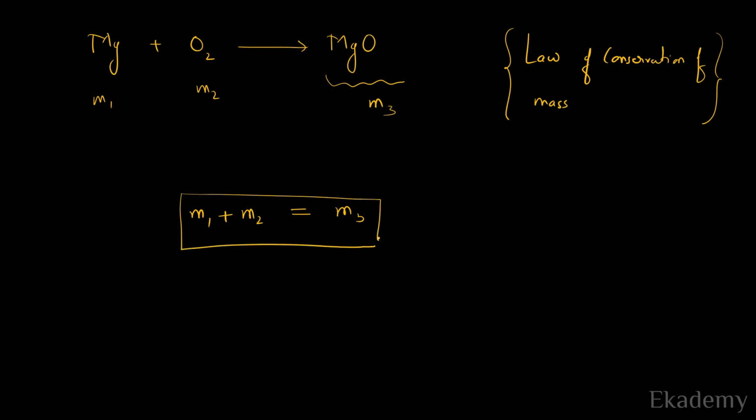For masses to remain conserved, the number and types of atoms in the reactant must be equal to the number and type of atoms in the product. So now let us see what is happening in this reaction. We have one magnesium atom in the reactant, one magnesium atom in the product, and two oxygen atoms, O2, right?